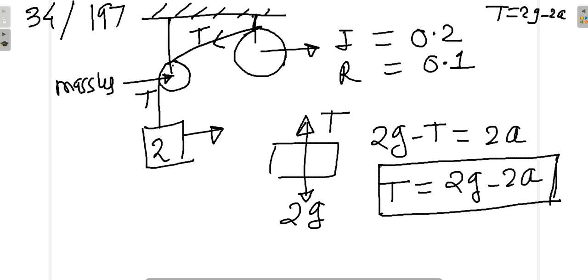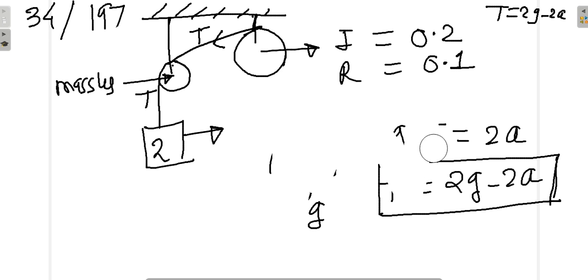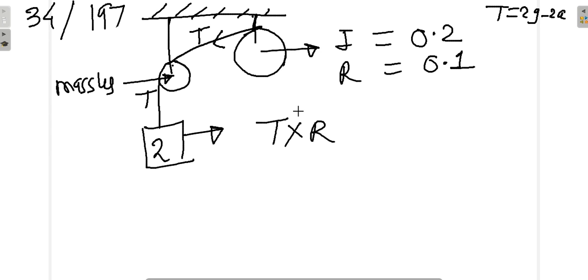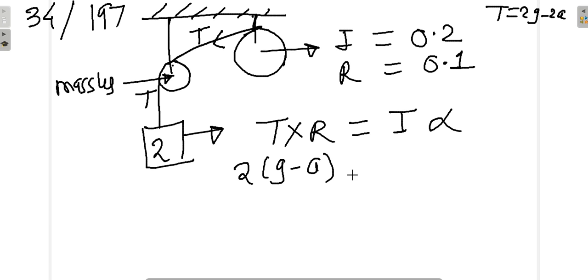Now let us find out the torque and all. The torque produced will be T into radius, and that is going to be equal to I into alpha. So tension is 2g minus 2a. Radius is 0.1.